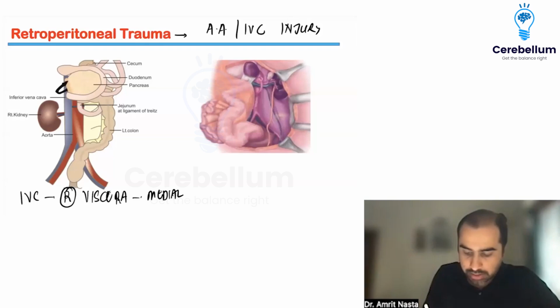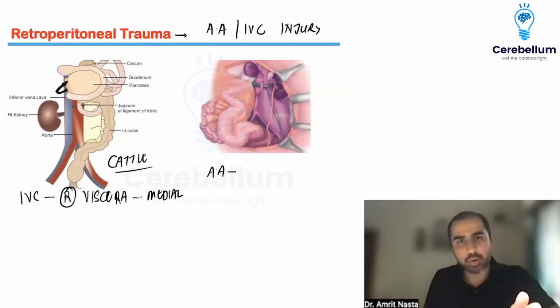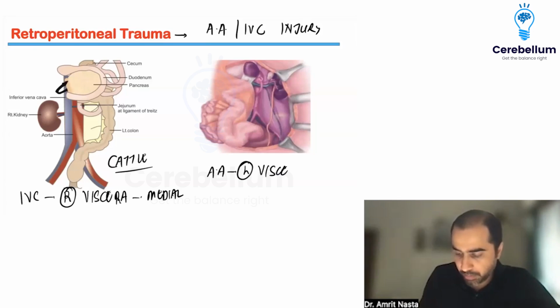This is called as Cattell's maneuver. If I want to see the abdominal aorta, which is on the left side, left में होती है abdominal aorta, I will do left viscera medially. So I will medialize the left viscera. This is called as Mattox.